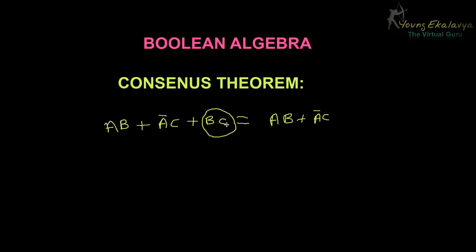Then this term, that is BC, becomes redundant. So we can skip this and it results only in AB or A complement C. Still not believing my words? Okay, we will see the proof now.